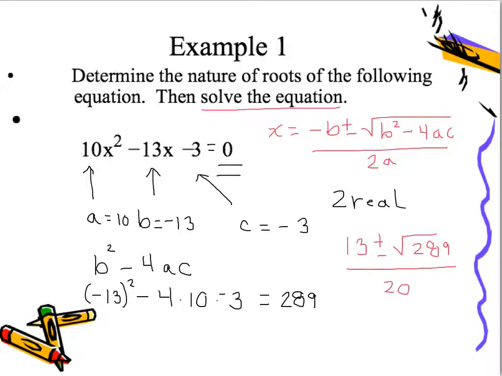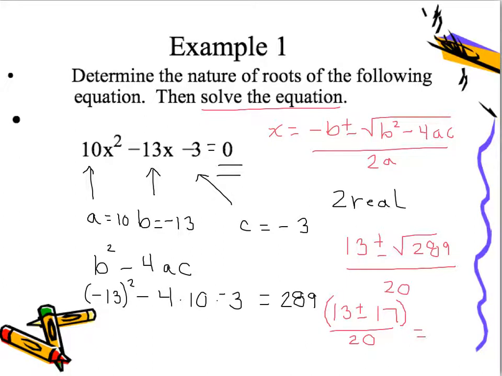So when I go to simplify this, I'll have 13 plus or minus 17, because that's what the square root of 289 is, all divided by 20. To get my two solutions, I need to make sure first that I enclose my numerator in parentheses.